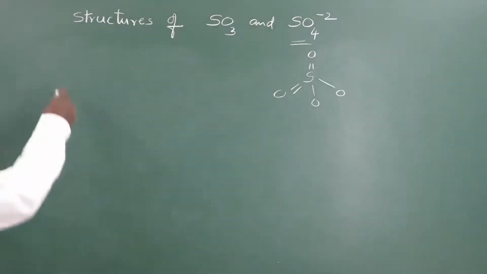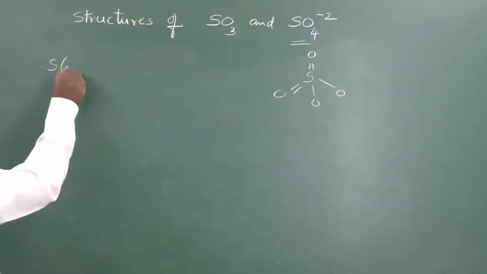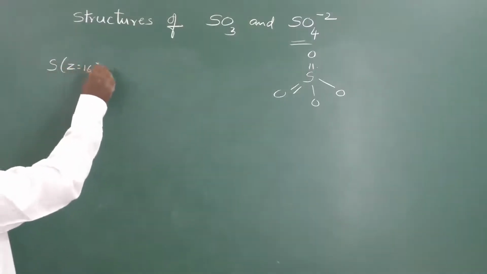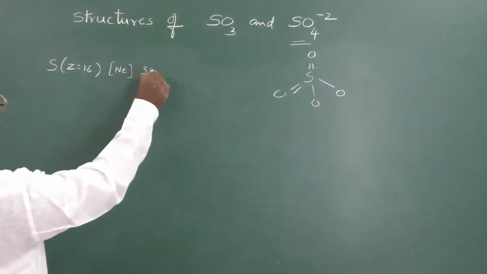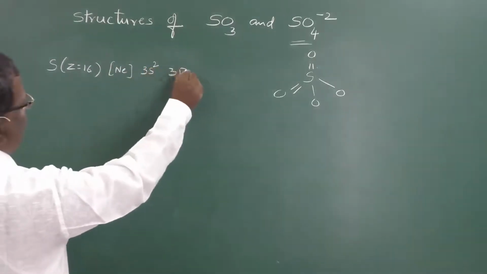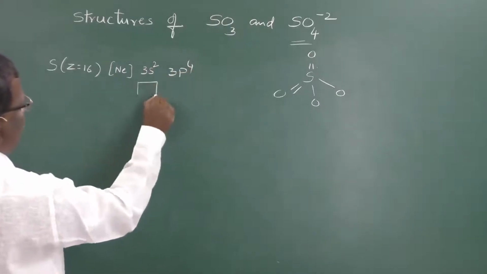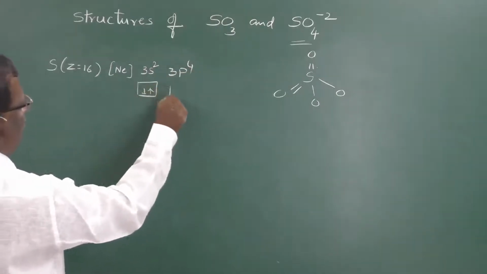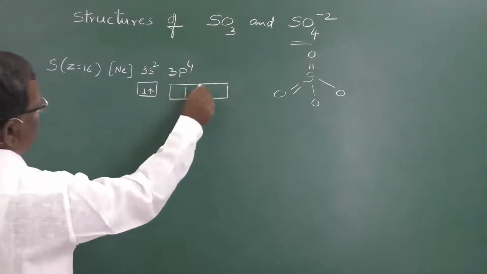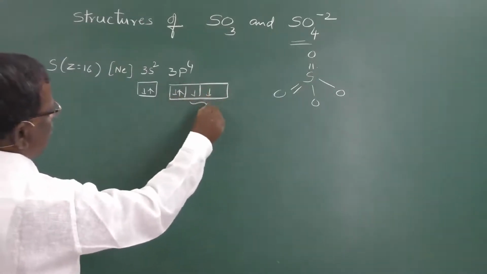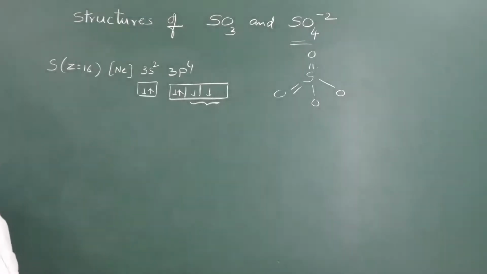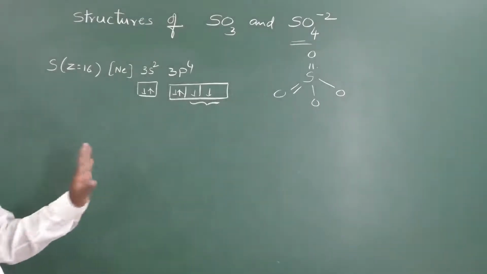The electronic configuration of sulfur we already discussed: atomic number is 16 and it is neon 3s2 3p4. That means 2 electrons are present in the s orbital and 4 electrons in the 3p orbital like this. So in the ground state only 2 electrons are available, so it can form only 2 bonds.